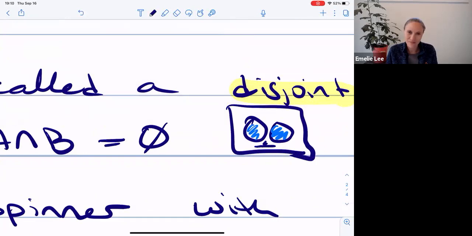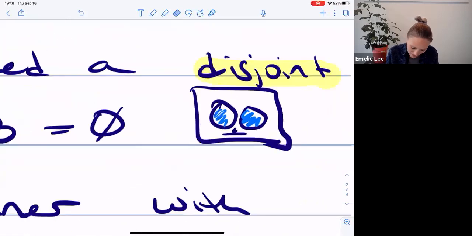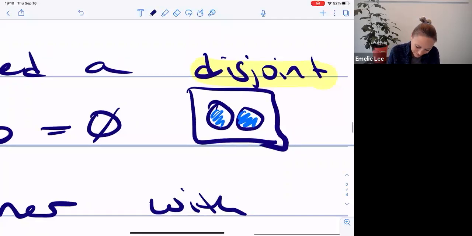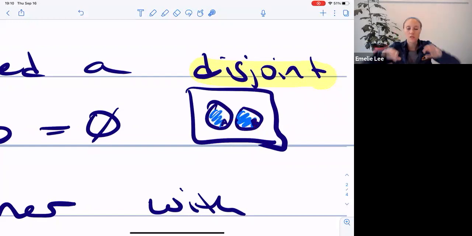But really what I meant for it to be was a disjoint union between A and B. I should probably erase that, because if someone's just looking at the notes and not the video, it'll make no sense. So if they're disjoint and we want to look at the union, A or B, then it's going to be those two circles.